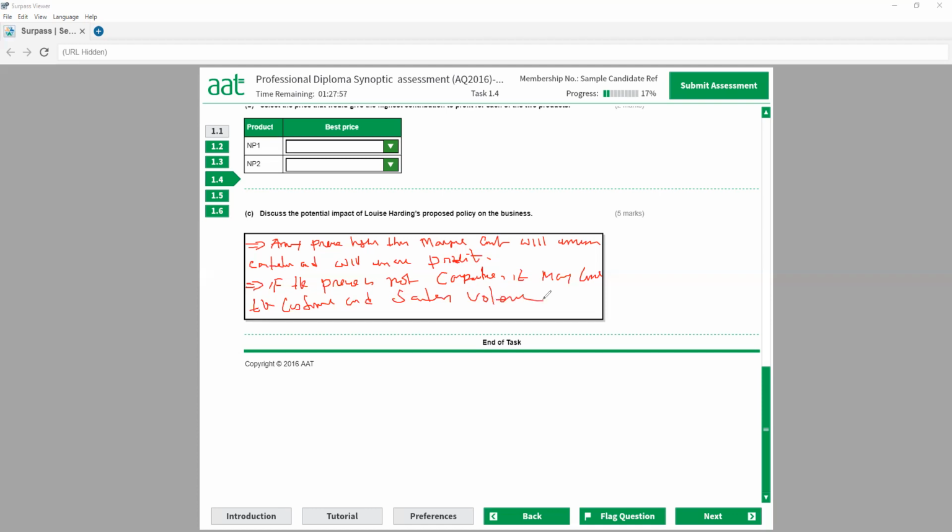If we keep the price higher, maybe the sales volume will go down, and we may also lose the customer.